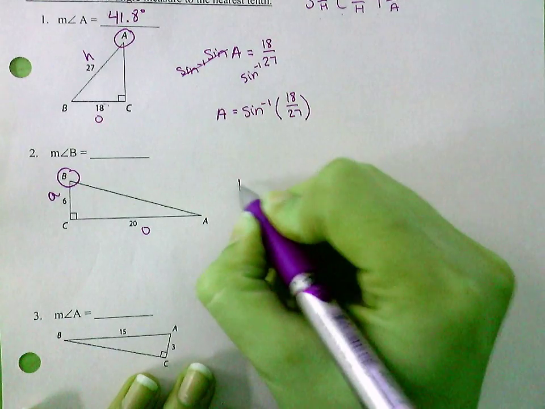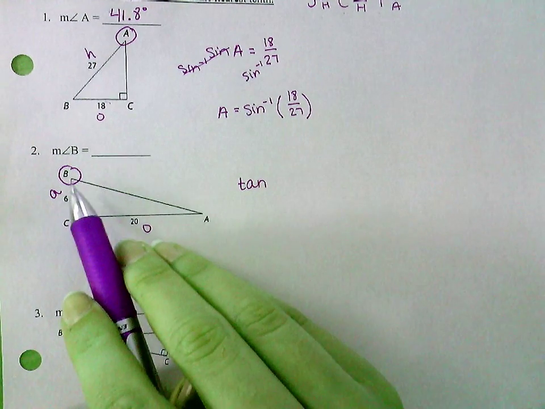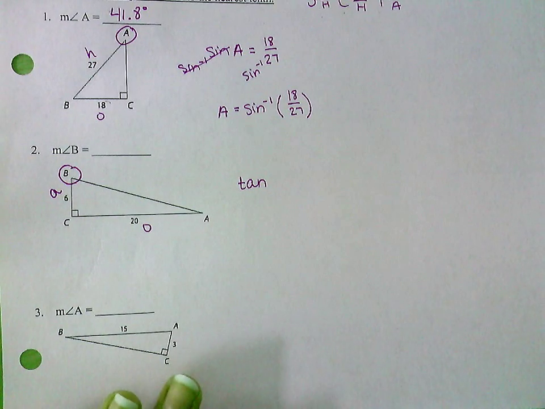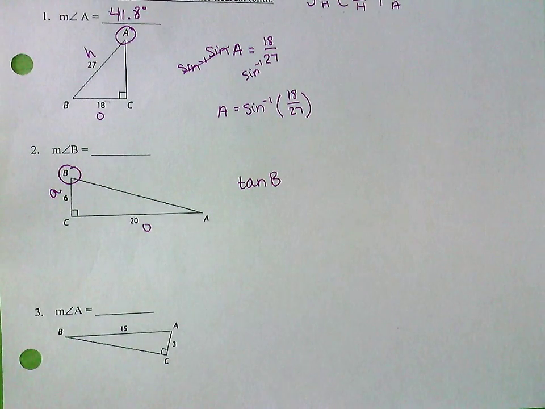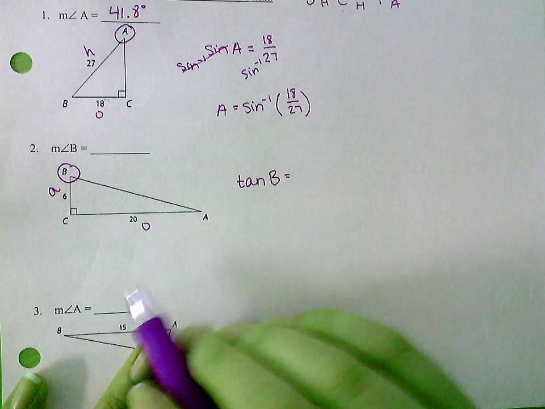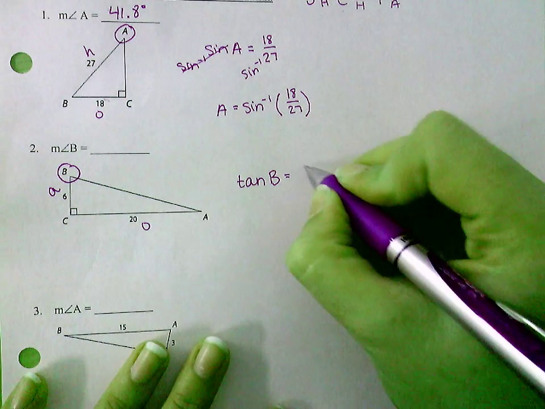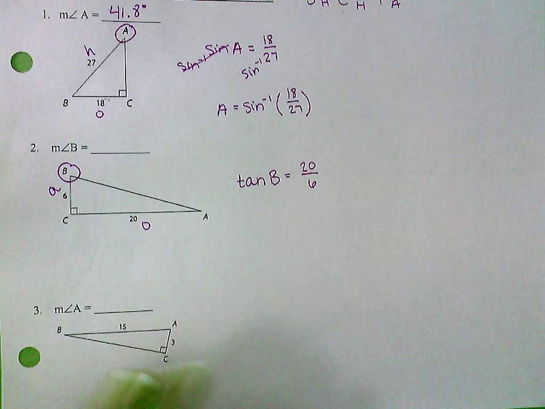So I'm going to take tangent, the angle I was going from. Now that's your variable. So you can either label it X, I'm just going to label it B. That's equal to your ratio of sides. So we have O, which is 20, over A is 6.